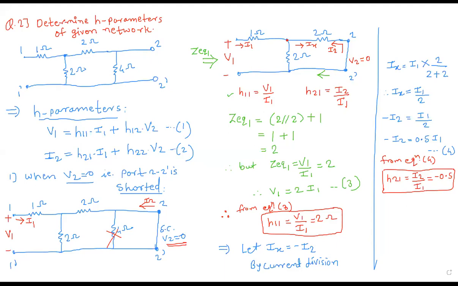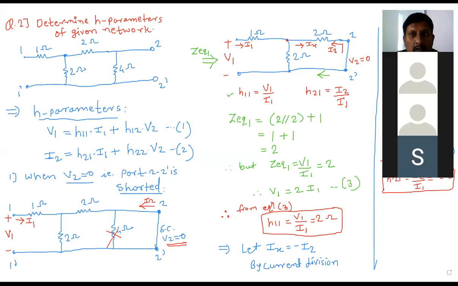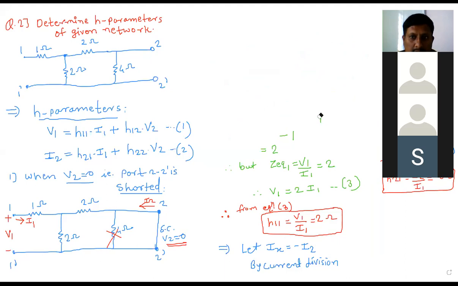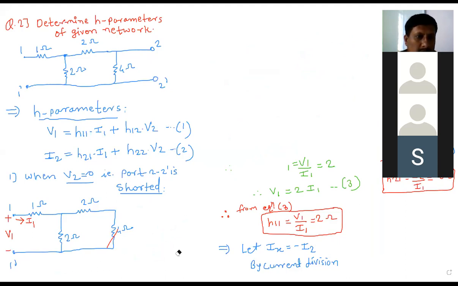Okay, so next part we are going to solve now. What do we have to do now in the next part? Open port 1 dash. Open. Very good. So we have to open the first port now.